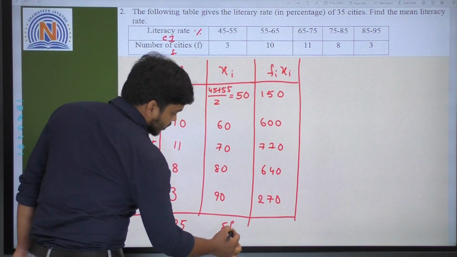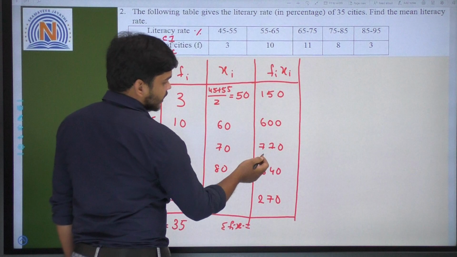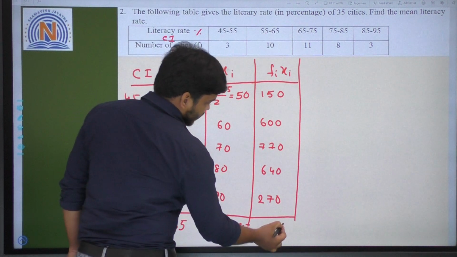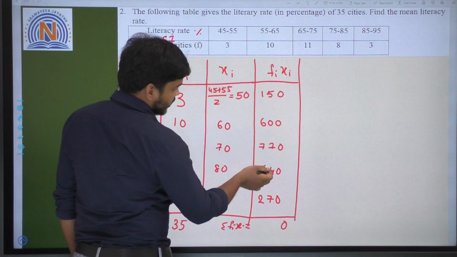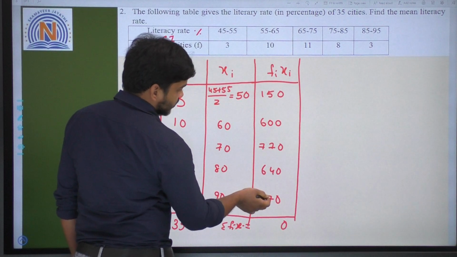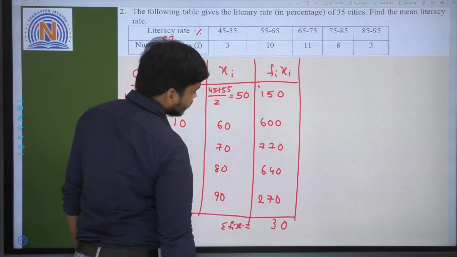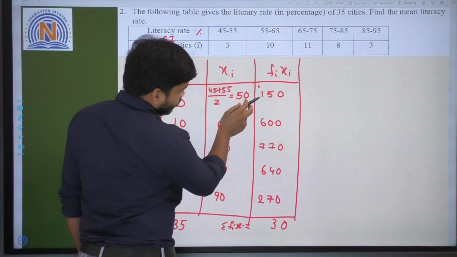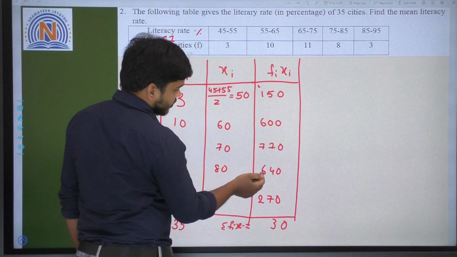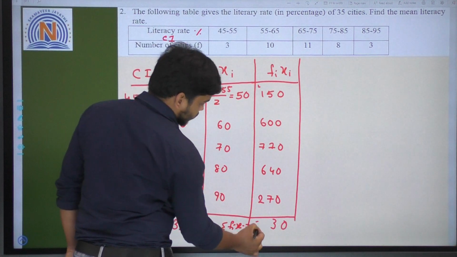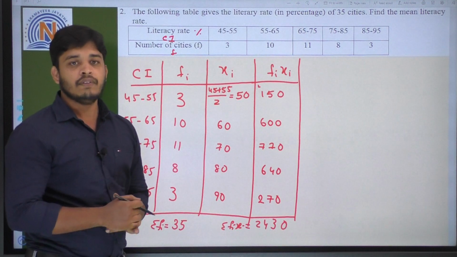And the sum of fi into xi, adding all these values in the last column: 150, 600, 770, 640 and 270 gives us 2430. So 2430 is sigma fi xi.